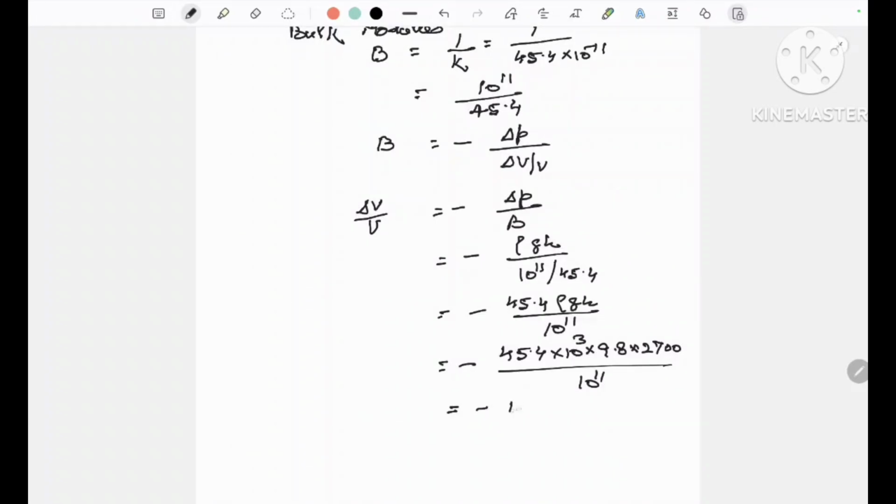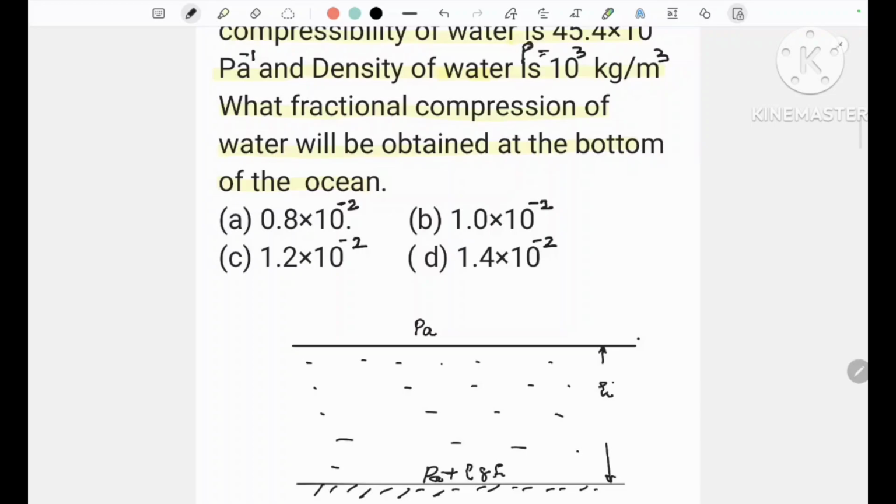This comes minus 1.2 into 10 to the power minus 2. Minus sign shows that volume is decreasing. 1.2 into 10 to the power minus 2, this C is correct option.